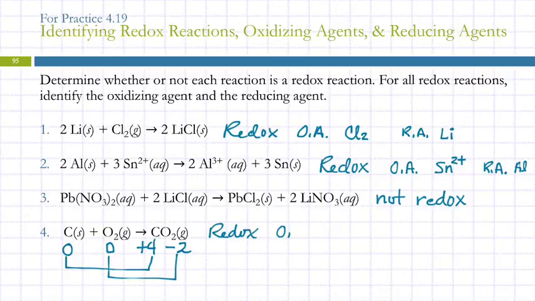Our oxidizing agent is the thing that's being reduced. Whose oxidation state is going down? Oxygen. It's no coincidence that oxygen is an oxidizing agent. That word oxidation came from things reacting with oxygen. Carbon then must be the reducing agent, because carbon is being oxidized.